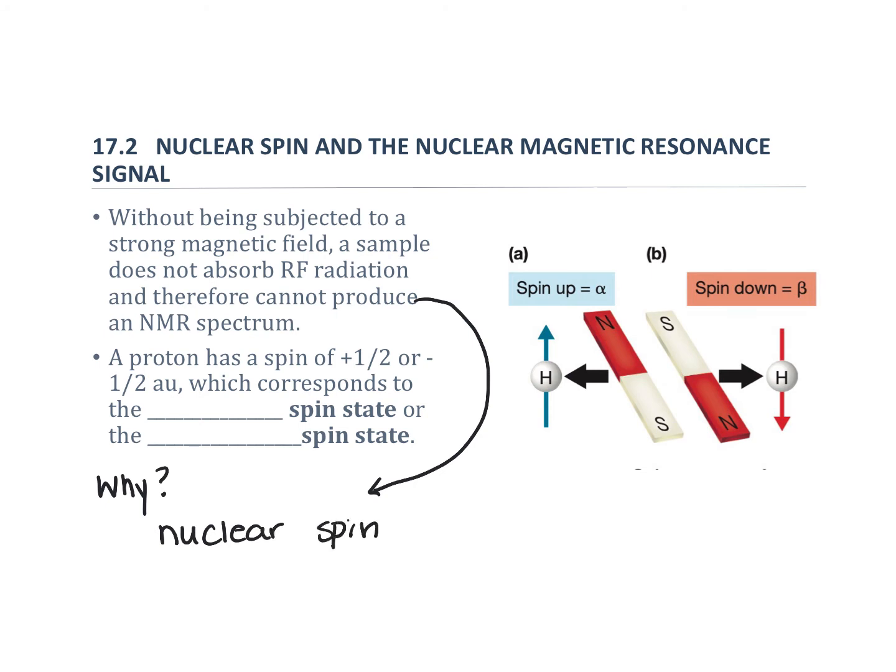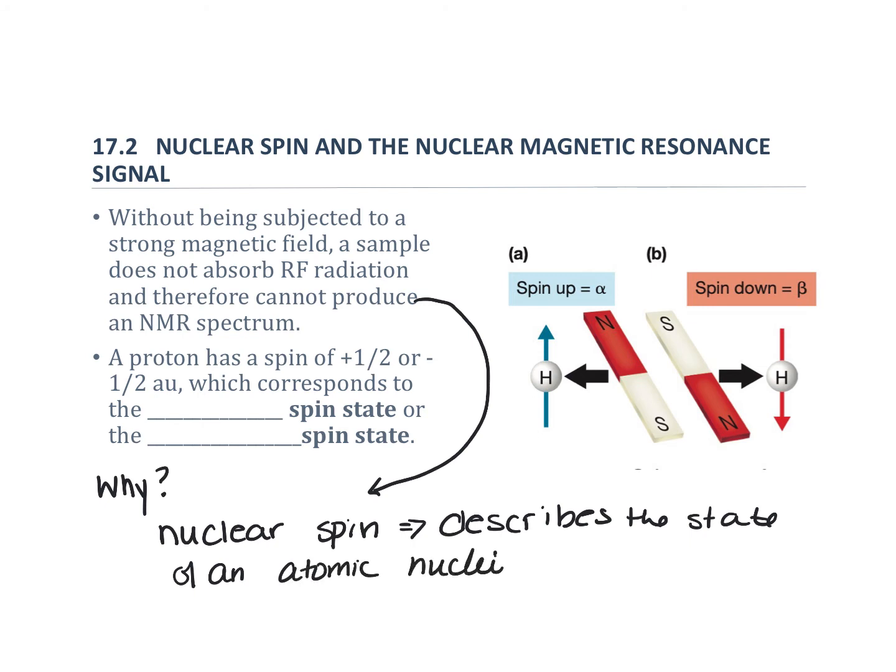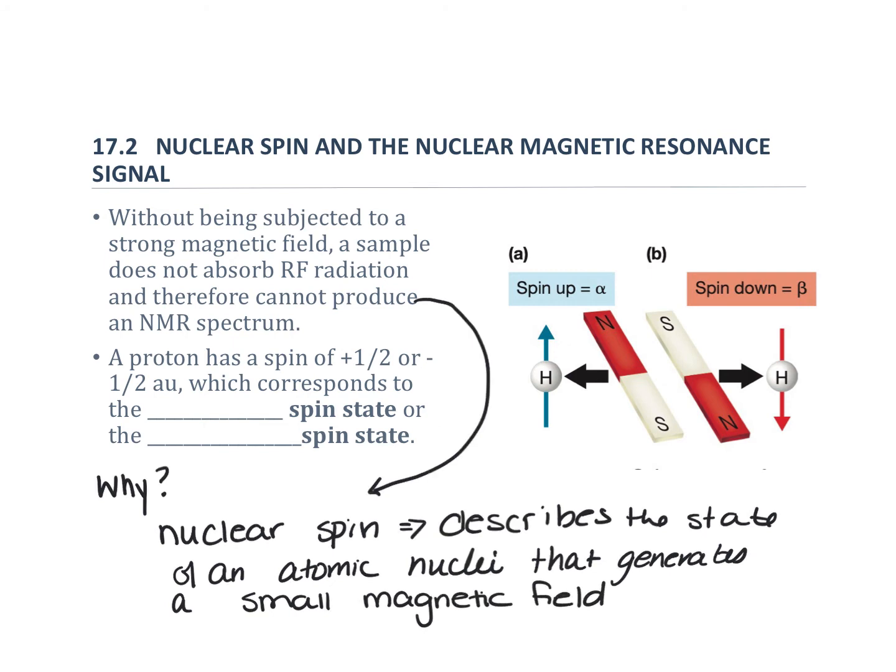And so nuclear spin just describes the state of an atomic nucleus that generates a small magnetic field, okay? The same kind of field that would be produced from a spinning charge.